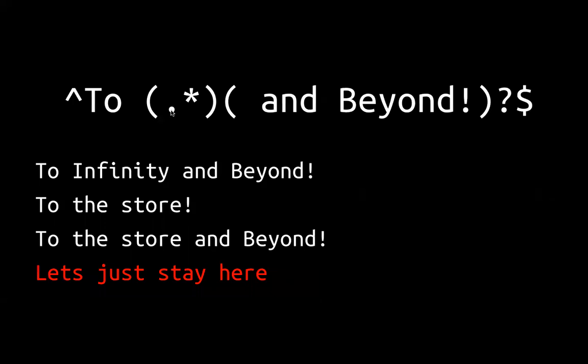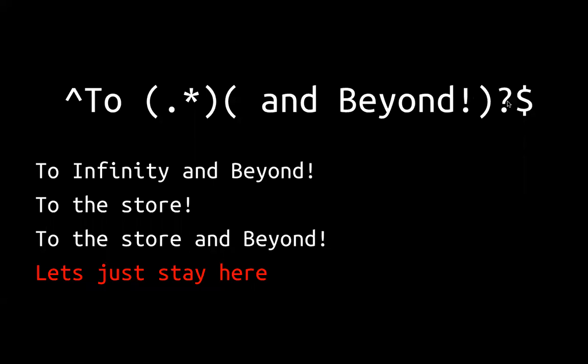So by saying dot star, period star, it's a really common idiom in regular expressions to match 0 or more of anything. So it's the most flexible match you can provide, right? So I'm just saying my regular expression starts with 2, followed by anything of any length, followed by the phrase space and beyond exclamation point.